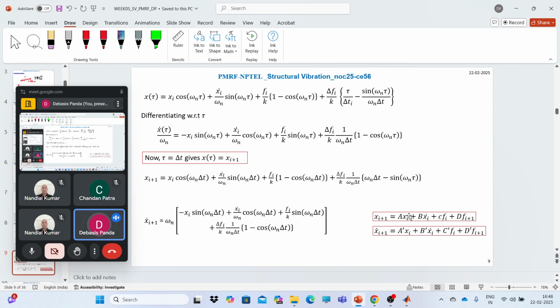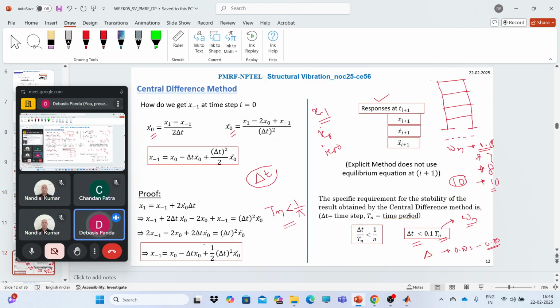That means the constants which depend on the natural parameters of the system and the forcing function at i and i plus 1. If we have all the information, we can easily calculate the displacement and velocity. And if we have the velocity, just differentiate it, either manually or using the diff command in MATLAB, and you will get the acceleration from the velocity.